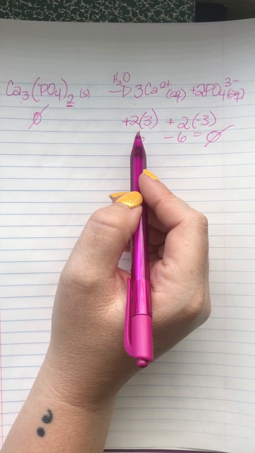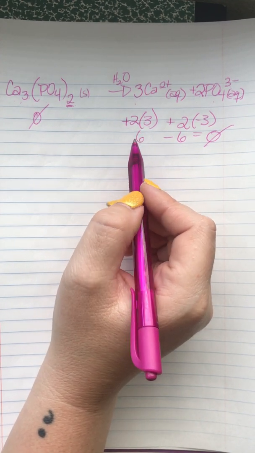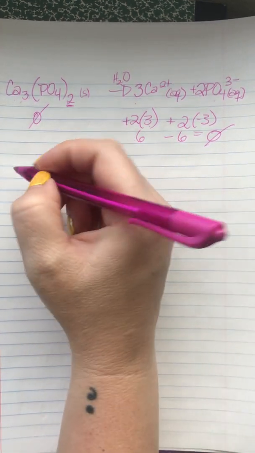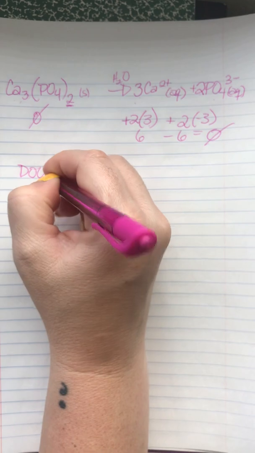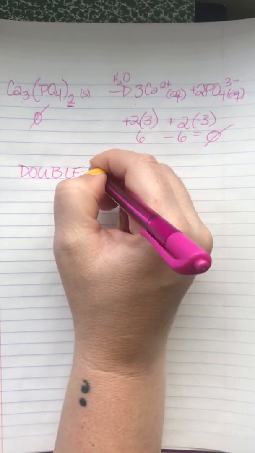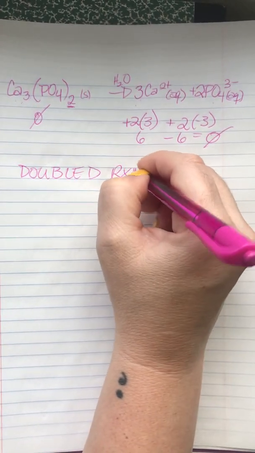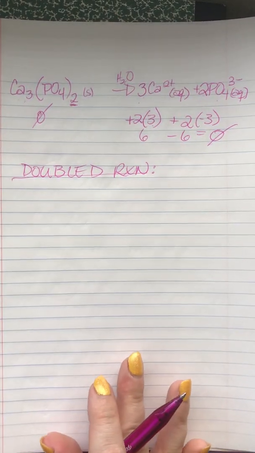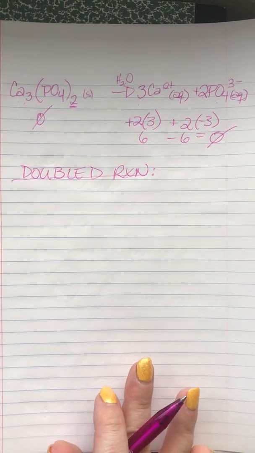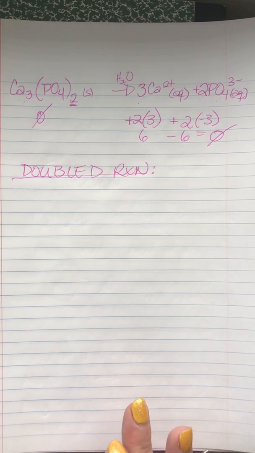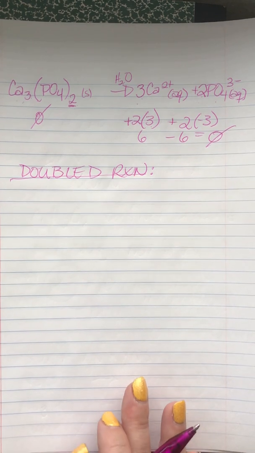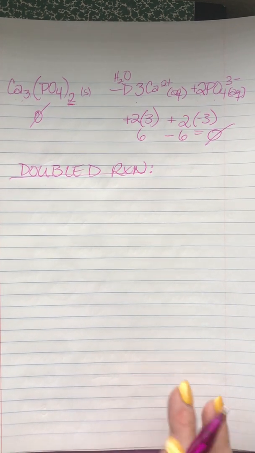Cool. All right, you guys ready for a little bit of next level stuff? Let's come back to double D reactions. We didn't talk too much about what was happening in these reactions before, but now that we're dealing with dissociation, we can talk about these in a little more detail, okay?